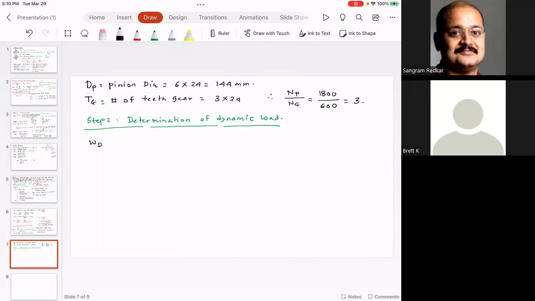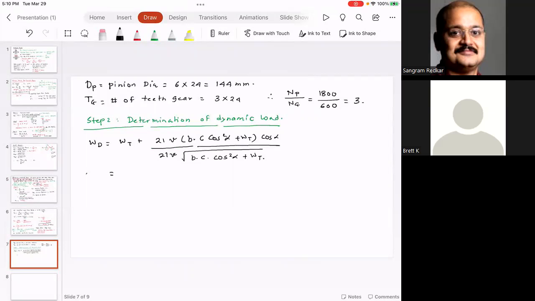WD is equal to WT plus 21V times (B times C cosine square alpha plus WT) cosine of alpha, divided by 21V plus the square root of (B C cosine square alpha plus WT).